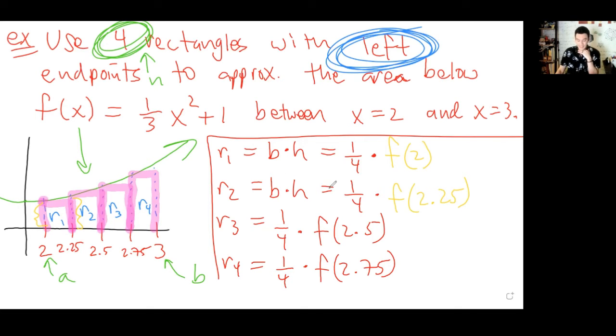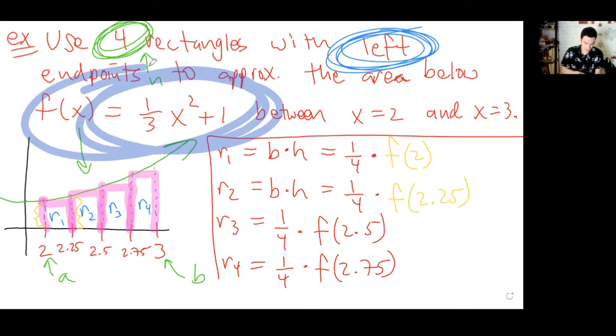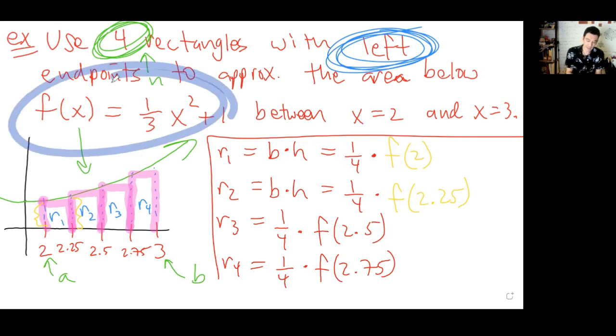Right, I have 4 rectangles. All of them have a base of 1/4, and they all have different heights. So how exactly do I recommend that you guys do this on Desmos? Here is my recommendation. On Desmos, you should definitely type in the equation, f of x equals all of that.